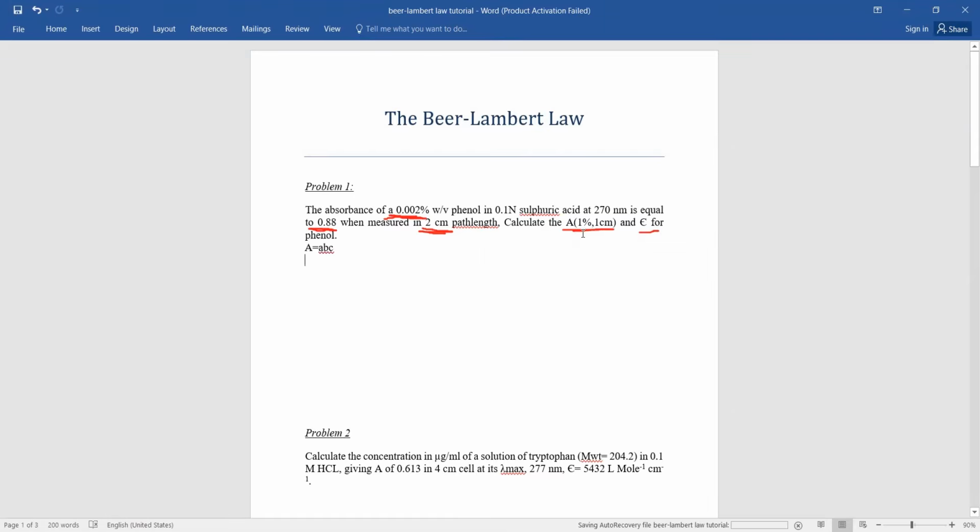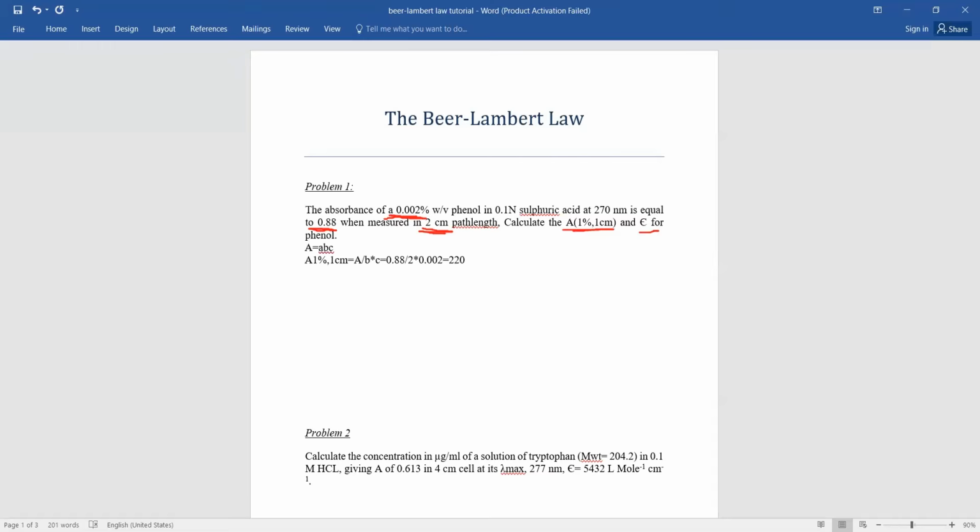So we will say that the A1% 1 centimeter equals the absorbance divided by B times C. Okay, which is equal to the absorbance given, 0.88, divided by the path length given, 2 centimeters, times the concentration, which must be in gram percent, it's 0.002. So the A1% equals 220.